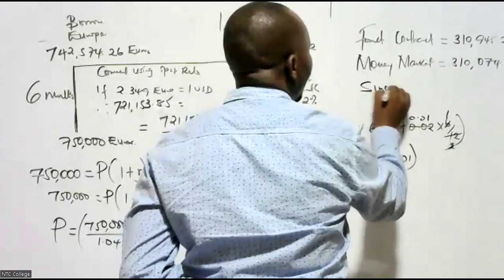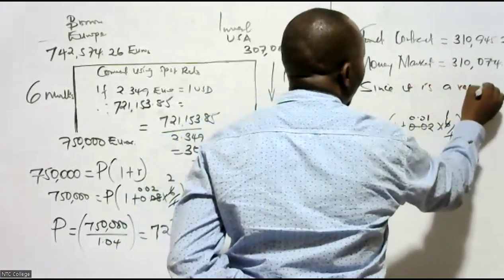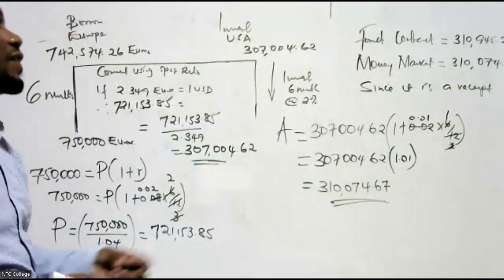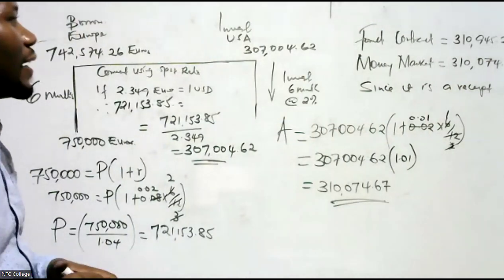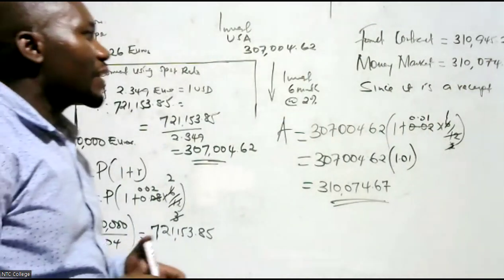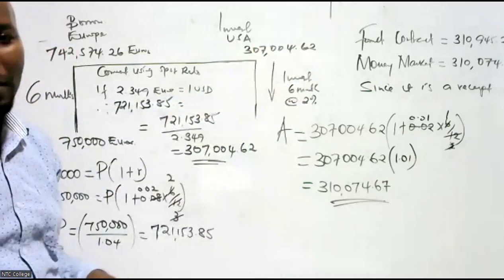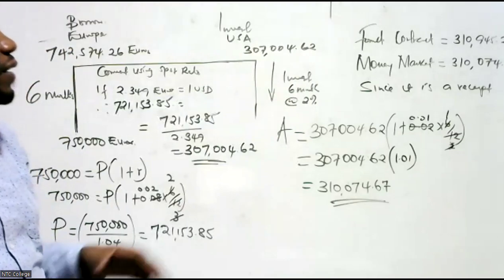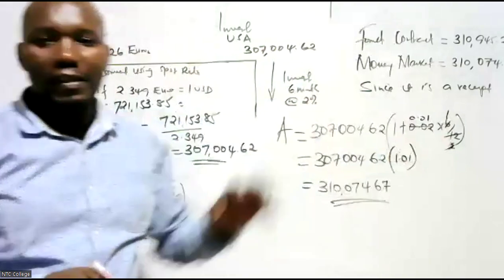Since it is a receipt, the forward market or forward contract is the highest. So the investors should go for the forward market. It is the highest. Since it is a receipt, the investors should go for the forward market. It has the highest return.